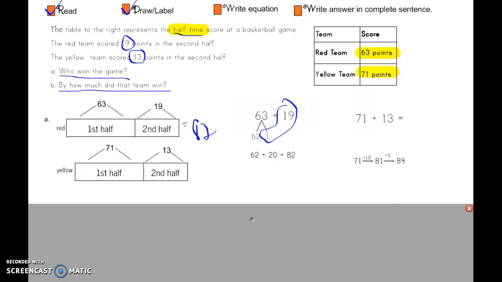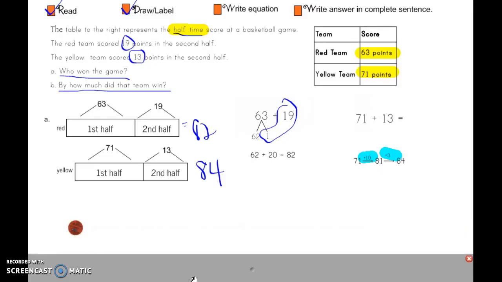And when I check, I know that I have 10 there, and then I have 3, which equal 13. And so 71 plus my 13 equals 84. So the yellow team actually scored the total points of 84.